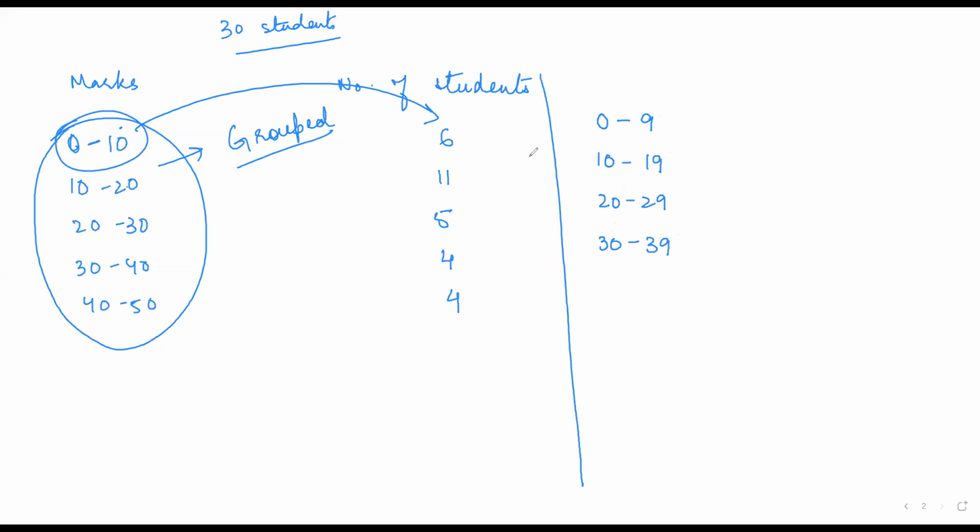So this data, although this is also grouped data, is not continuous data. As you can see, 0 to 10, then 10 to 20, there's no gap between this class and this class. But here it is 0 to 9, and the next class is starting from 10. So there is a gap.